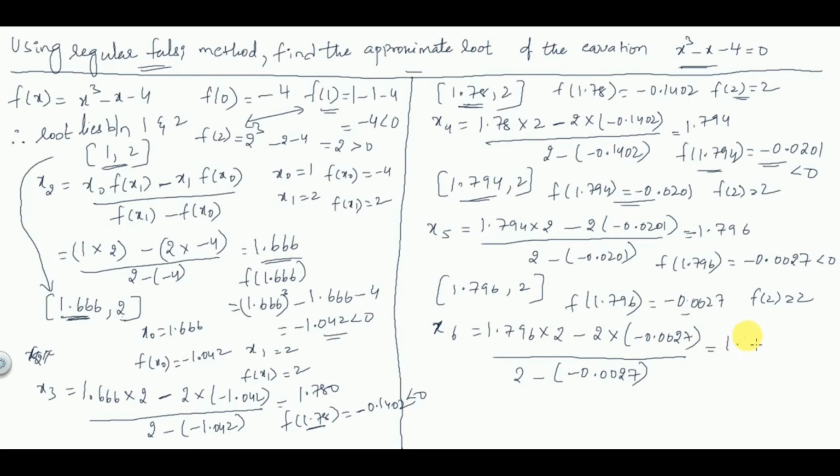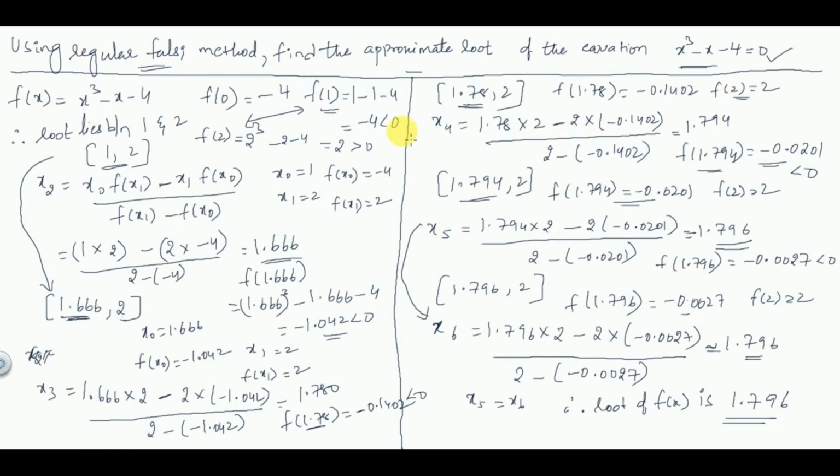If you find this, you'll get almost 1.796. So iteration stops here because two successive iterations are the same. Since x5 is equal to x6, we can stop the iteration, and therefore the root of f of x is 1.796.